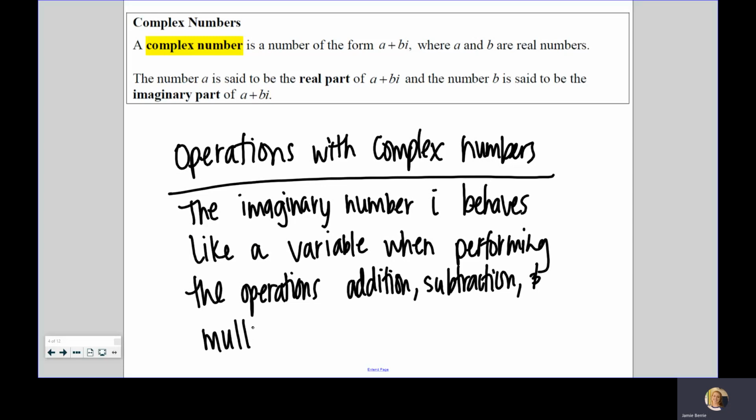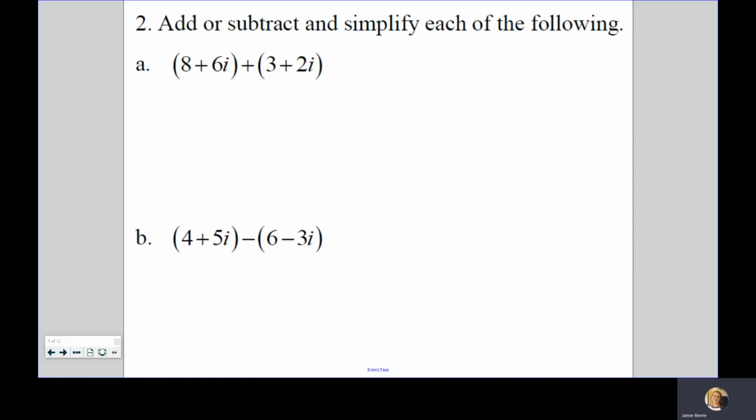We have some special rules we have to use for division, which is why I'm not including it. So when you're doing addition, subtraction, or multiplication, the imaginary number i is going to behave just like a variable. You'll see what I mean by that when we do some of these examples on the next page.